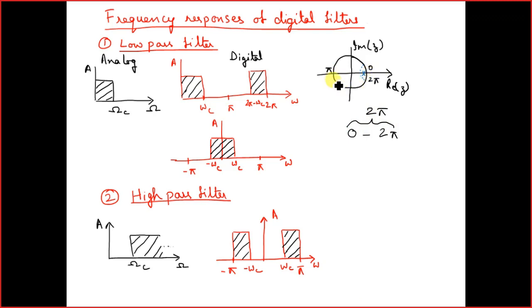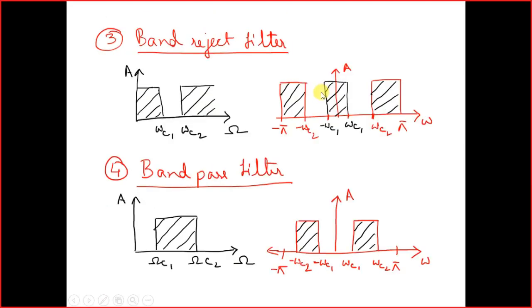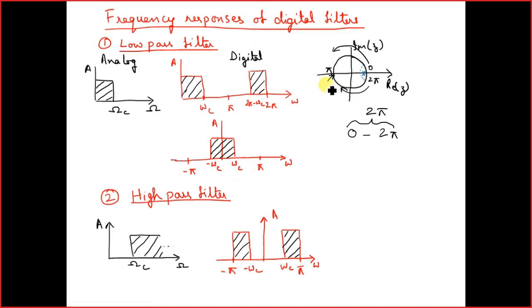If we go in the anti-clockwise direction, we go from 0 to pi, right? However, if we go in the clockwise direction and reach this location at z equals 1, can we write it as minus pi? Yes, we can write it as minus pi.